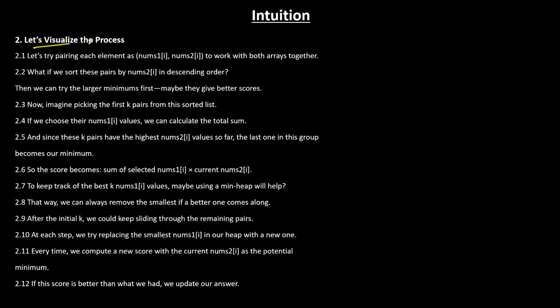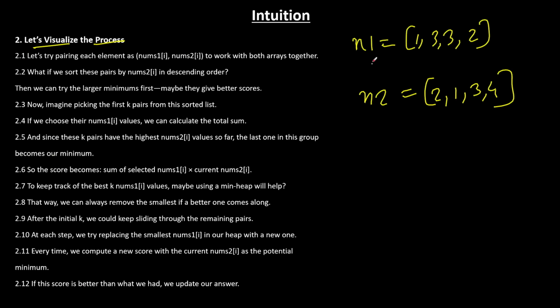Now let's try to visualize the process. Okay. Let me take an example here. So I have taken this example. The indices are 0, 1, 2, and 3. Similarly, here also 0, 1, 2, and 3. Okay. Now, to get the maximum output in general case, what we can do?